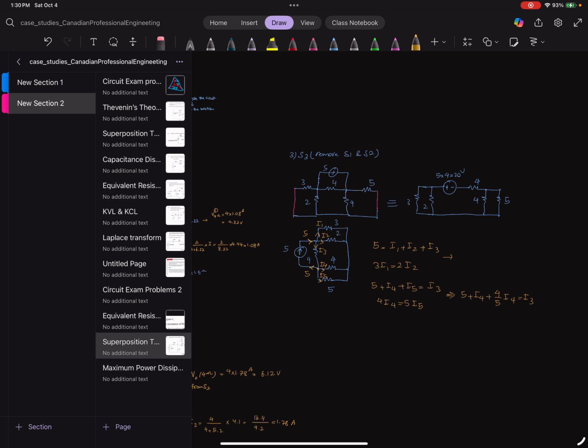The same thing here. 5 is equal to I1 plus I2, which is 1.5 of I1 plus I3. So 4.5 I1 plus I3 is 5.